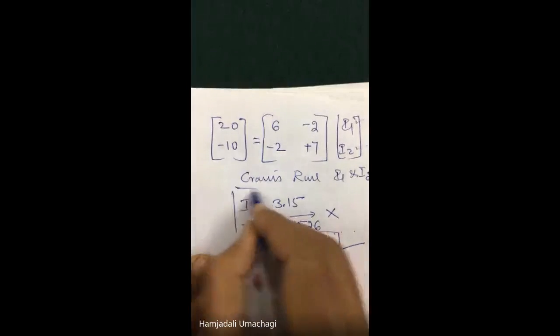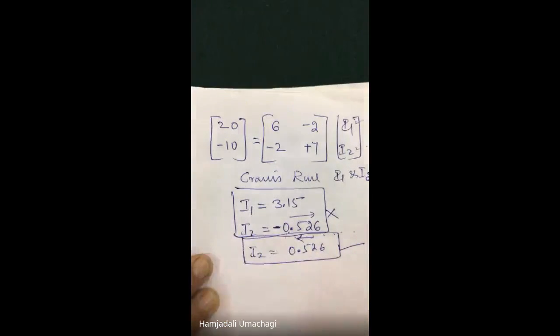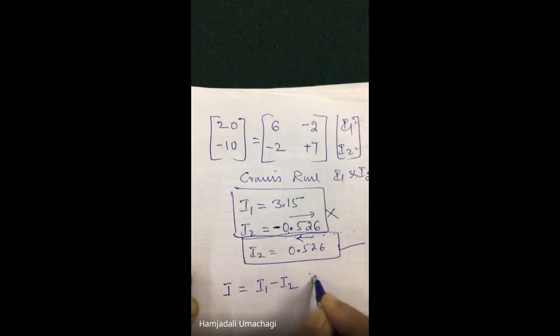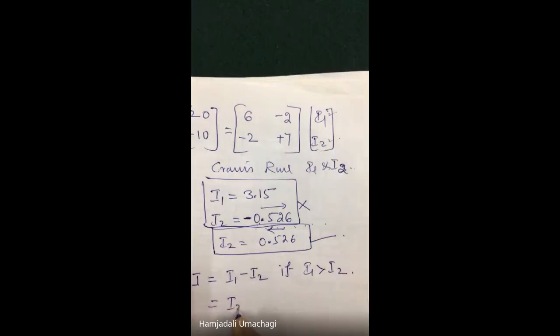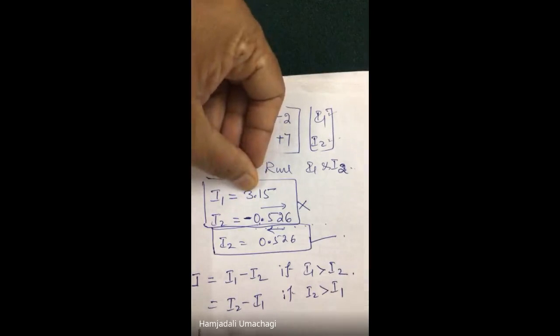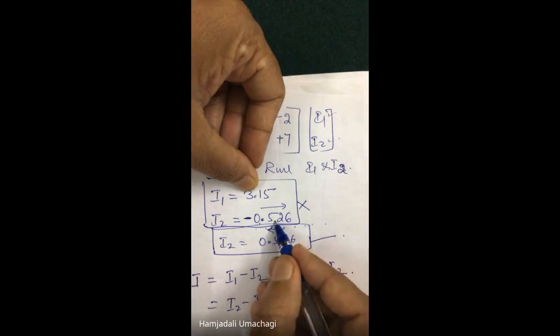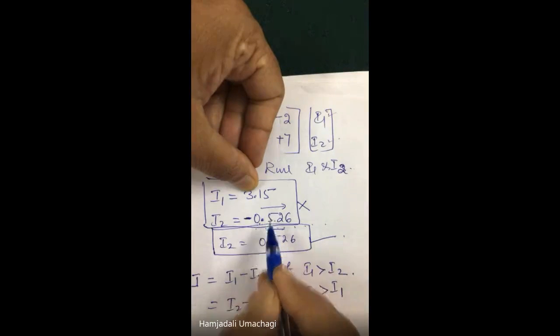Now we have evaluated I1 and I2. What is my current? I is equal to I1 minus I2 if I1 is greater than I2, or I2 minus I1 if I2 is greater than I1. Here I1 is greater than I2 because I2 is negative.